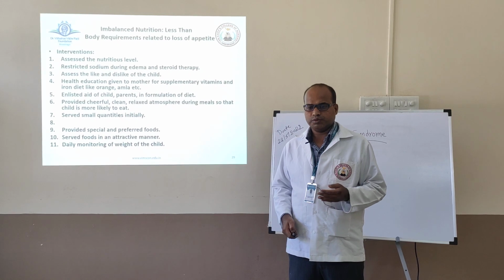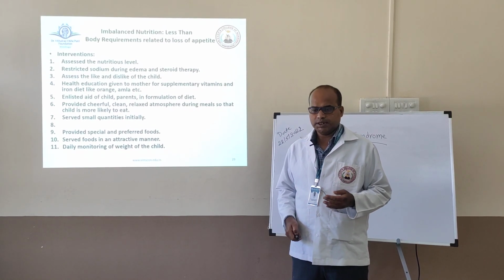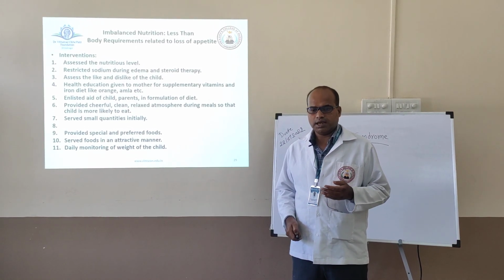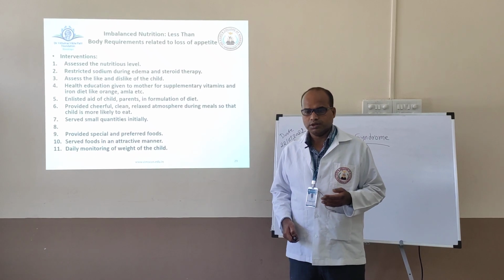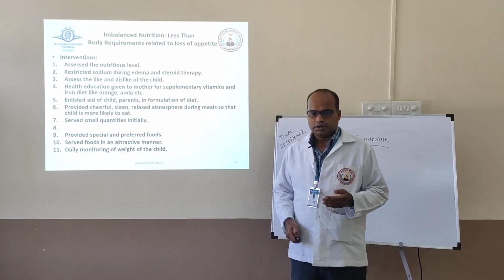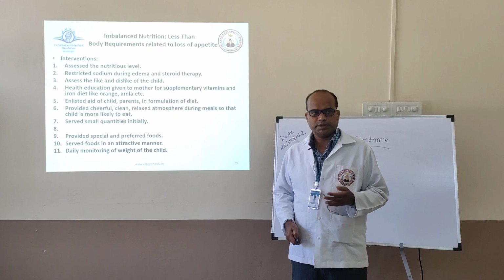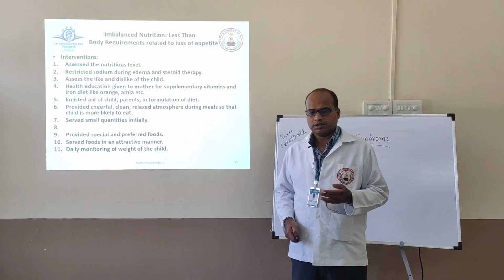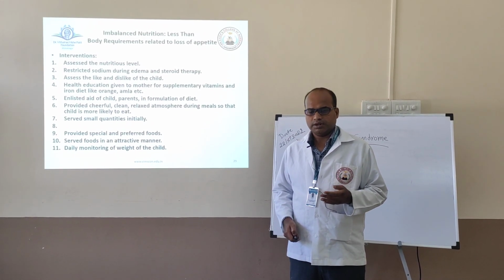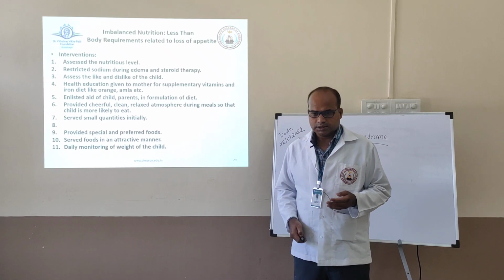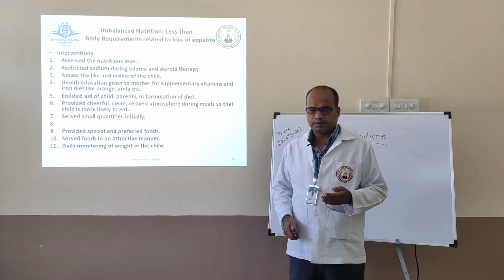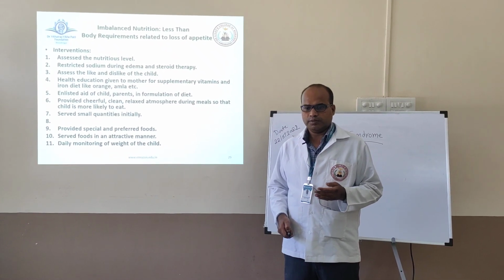And health education should be given to the mother for supplementary vitamins and iron diet like orange or amla, etc. These are the foods which are rich in vitamin C, and they can be given to prevent infection. Enlist the aid of the child's parents in formulation of the diet.